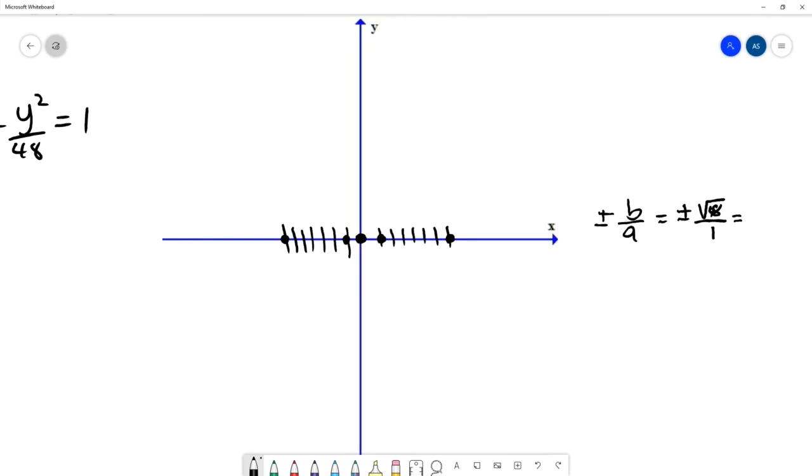Square root of 48 is almost 7. So we're going to say this is almost 7, plus and minus 7. So I'm going to go up 7 and down 7. And this is going to give me my rise over run. So I rise almost 7, run 1, fall -7 and 1. This is going to give me my asymptotes for the graph.